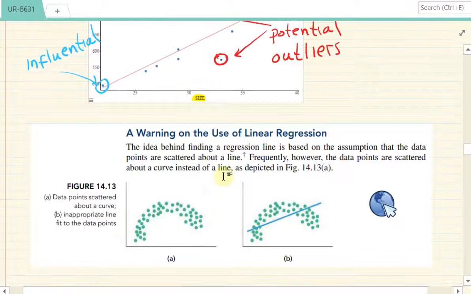And before we leave this and go take a look at Minitab, just a word of caution about linear regression. Again, remember, we're exploring a linear relationship in this segment between x and y. So if you have data that clearly exhibits a bending, in this case, it could be exponential growth, it could be some kind of a bending, it could be a sine wave, whatever.